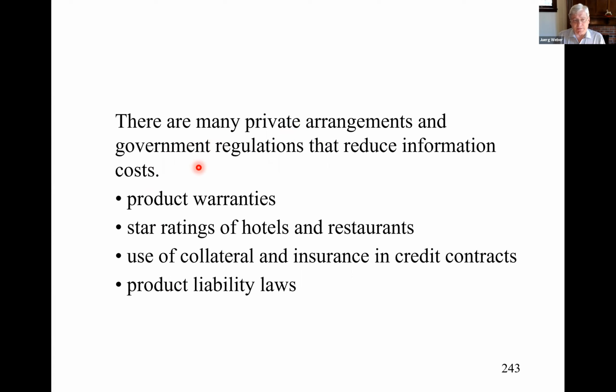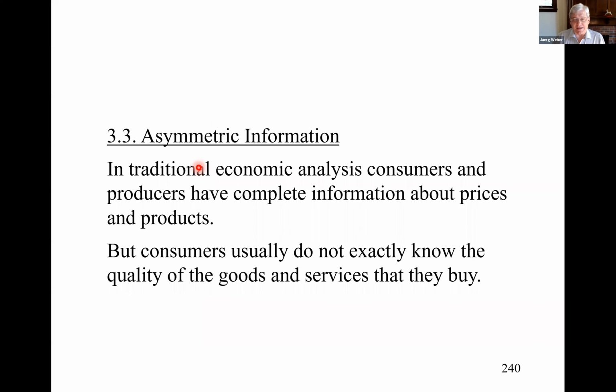So in traditional microeconomics, we assume there are no information problems. People know everything. They know all the prices, they know all the products, they know how good those products are. But truly, that's not actually true. So over the past 20 to 40 years, we got models that also consider information problems in the markets.